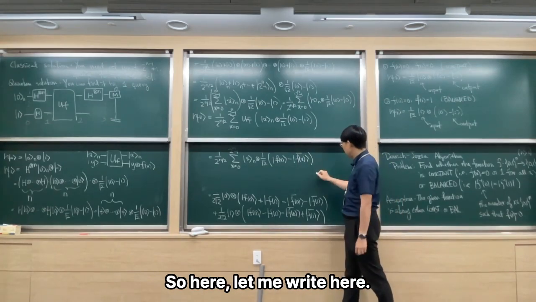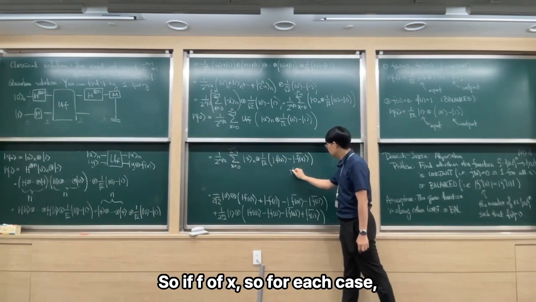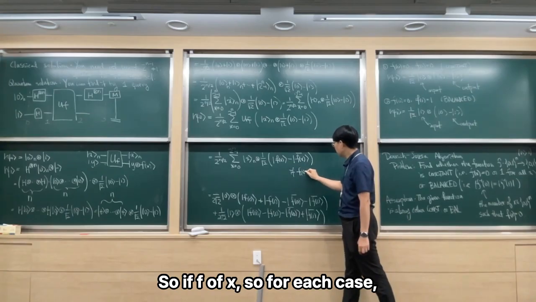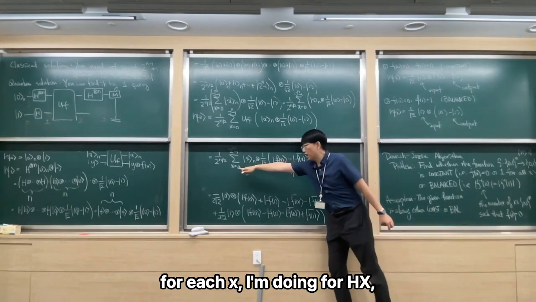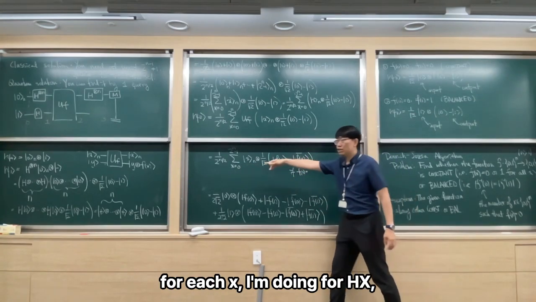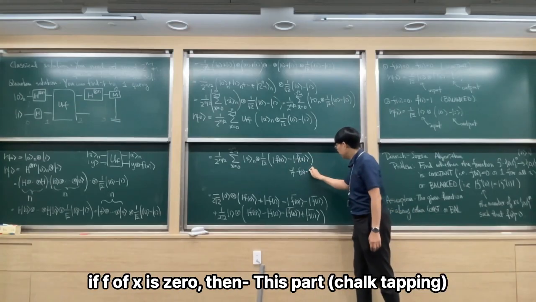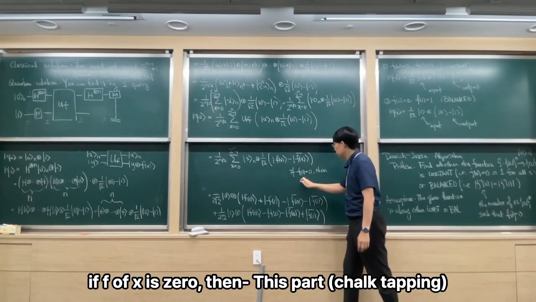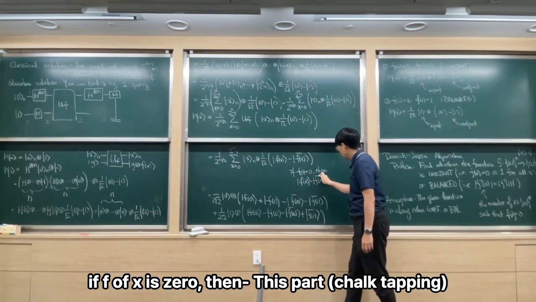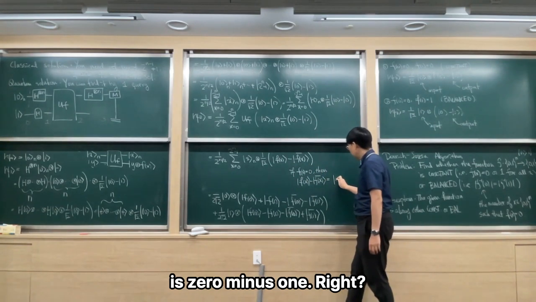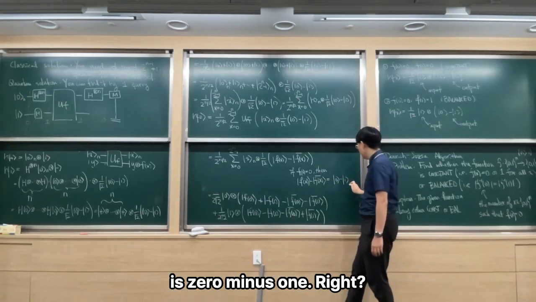So for each x, if f of x is 0, then this part is 0 minus 1, right?